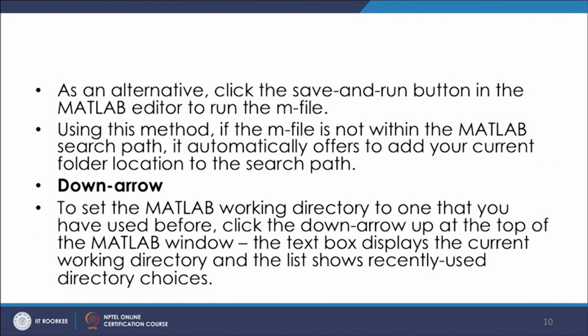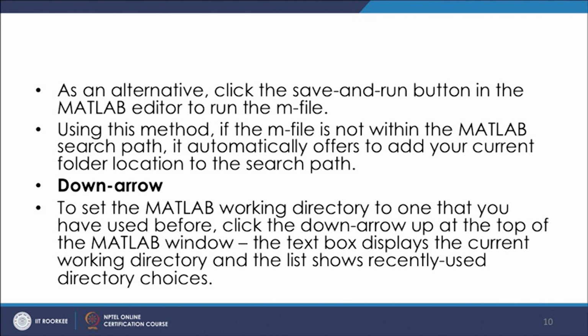As an alternative, click the save and run button in the Matlab editor to run the M file. Using this method, if the M file is not within the Matlab search path, it automatically offers to add your current folder location to the search path.